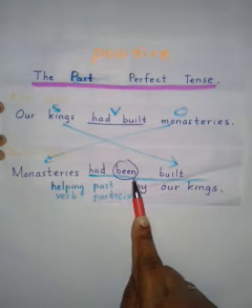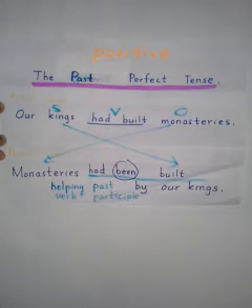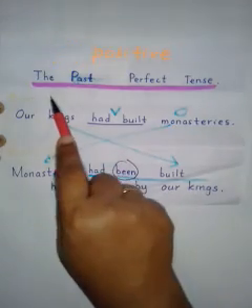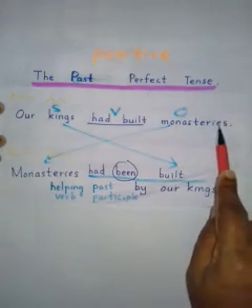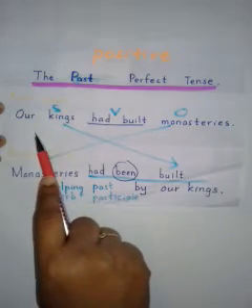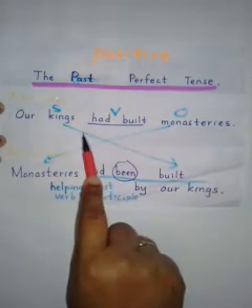Right, now let's look at the sentences. Active voice: our kings had built monasteries.